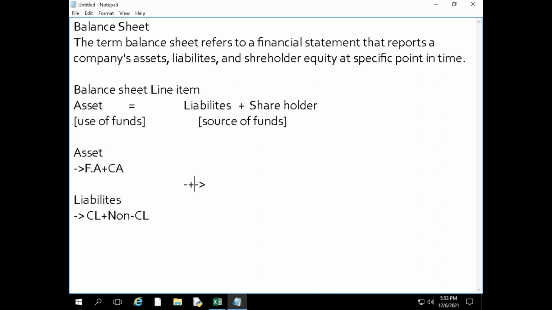Plus funds. Now, for example, we can make this the preference of the debts as well as the equity within the balance sheet.